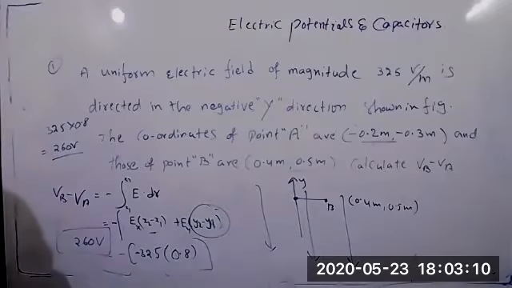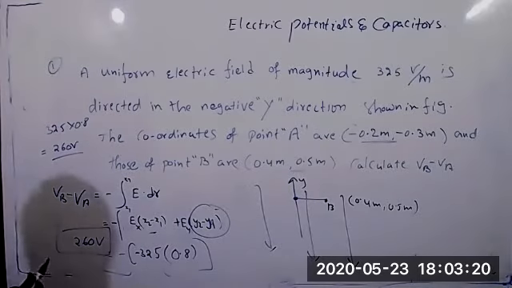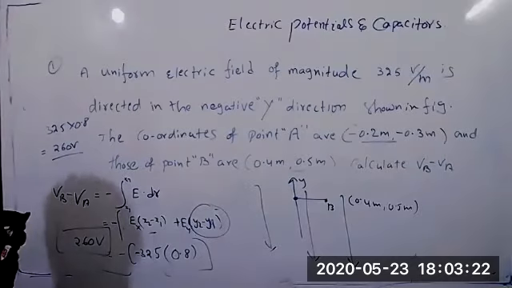When they have given the electric field, we can calculate potential by using only that. We have only two formulas: one if it is a non-uniform electric field, and another if we have a uniform electric field.